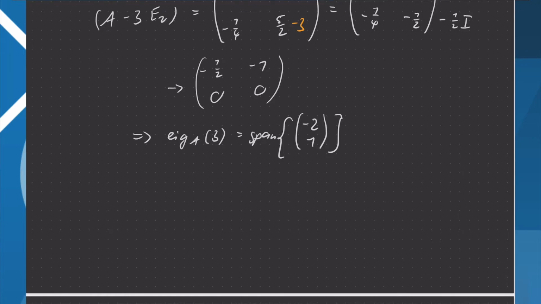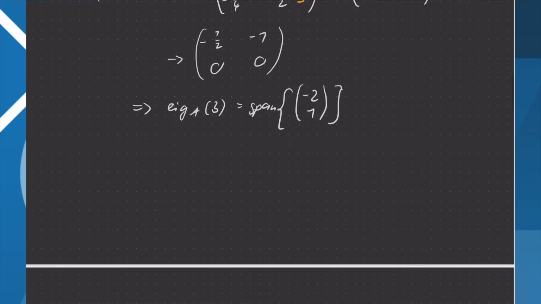Okay, so we have two eigenvectors. One is 2, 1, the other is -2, 1. Those are linearly independent. So we do in fact have a basis of R2 that consists of eigenvectors of A. So third part is the question, is there an eigenvector basis?